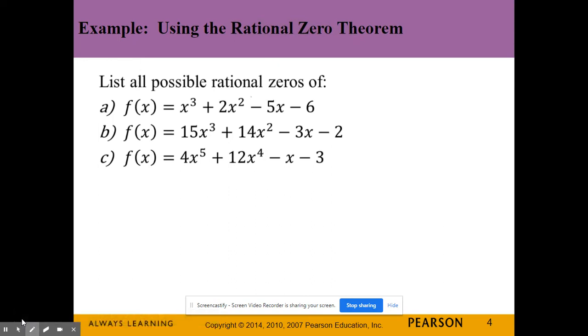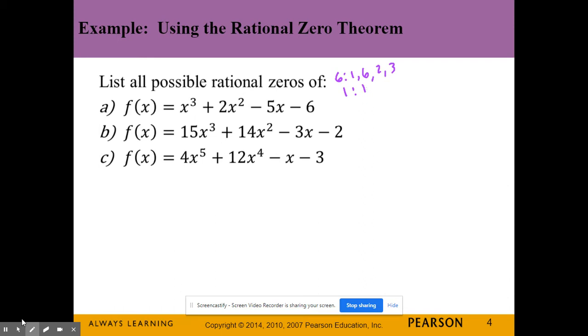So what that's saying is, for part A, your P is 6, so what are the factors of 6? 6 can be 1 and 6, or 2 and 3. In this case, Q is 1, so it's just 1. So then it's all of these numbers divided by that number.